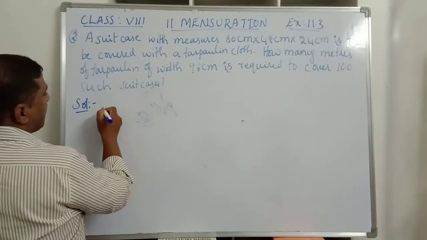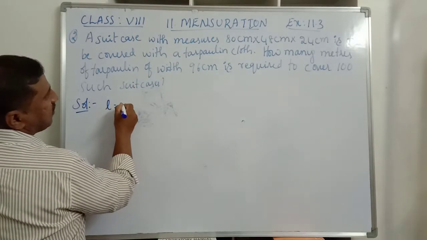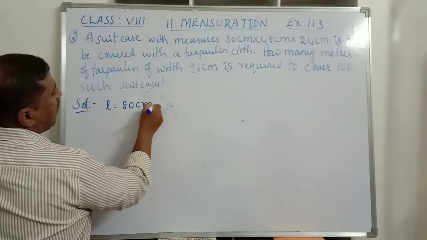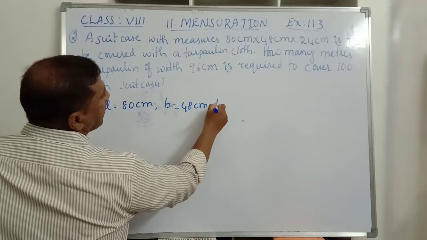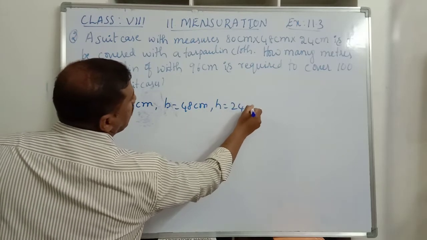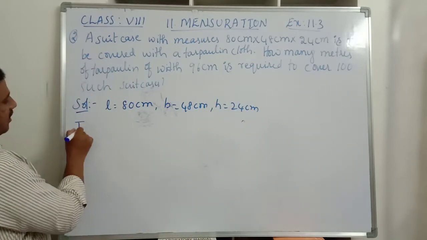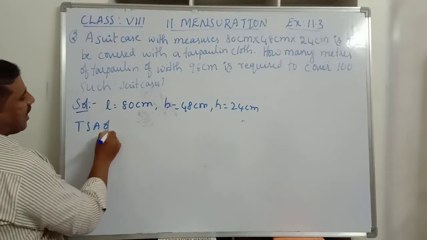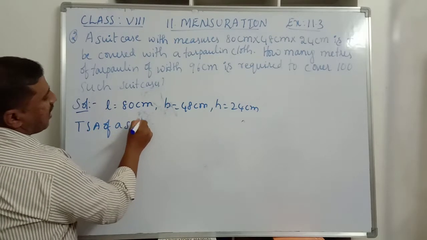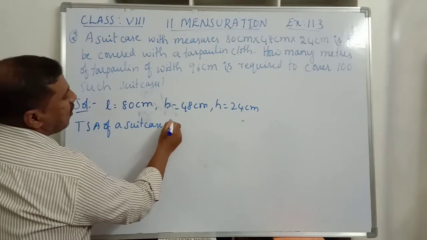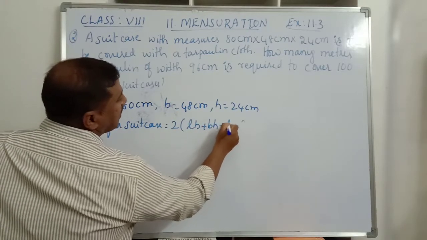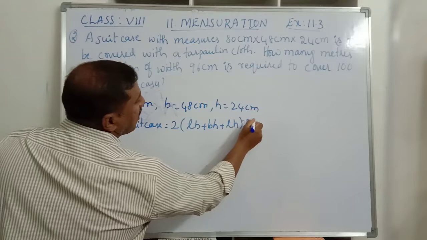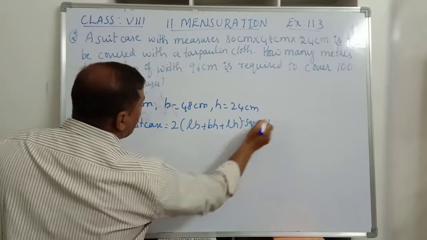So what are the measurements for the suitcase? Length l is equal to 80 centimeters, breadth b is equal to 48 centimeters, and height h is equal to 24 centimeters. Now TSA of a suitcase is equal to 2 into (lb + bh + lh) square units.